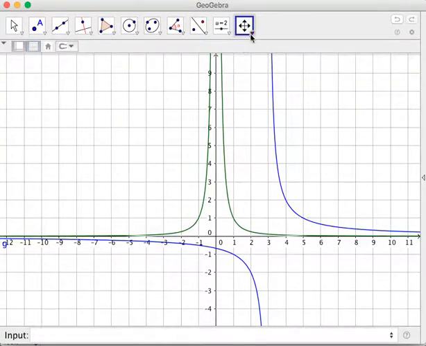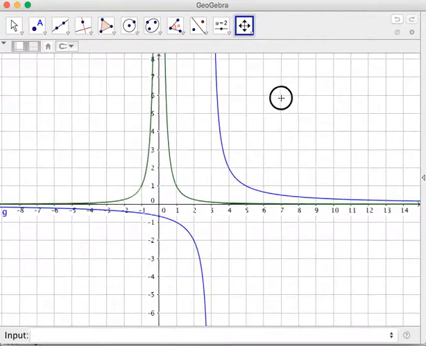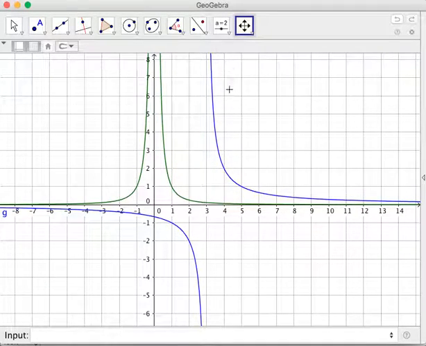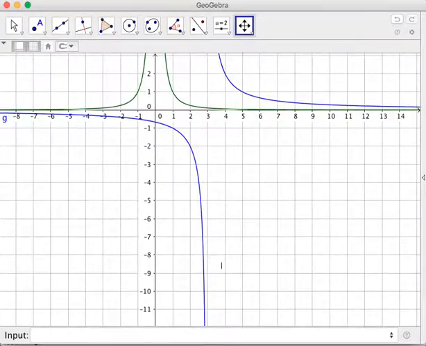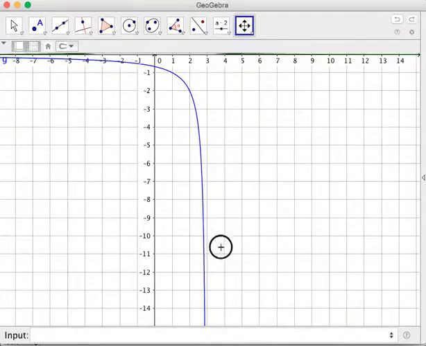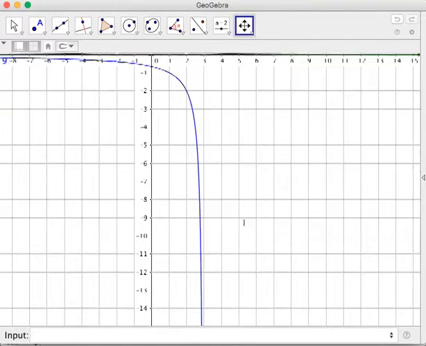And for example, yung blue na function na to, this is 2 over x minus 3. Habang palapit siya ng palapit sa 3, nangyayari pababa siya ng pababa, so it actually approaches negative infinity.